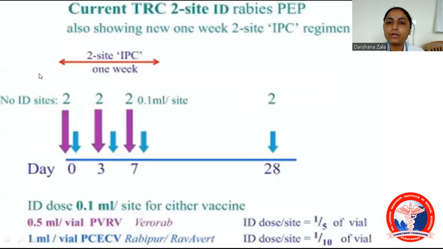Now we have the intradermal vaccination schedule also, in which we give the vaccine on day 0, 3, 7 and 28. So in total we have 4 visits: 0, 3, 7 and 28. But here, for the intradermal dosage, we give only 0.1 ml of vaccine.